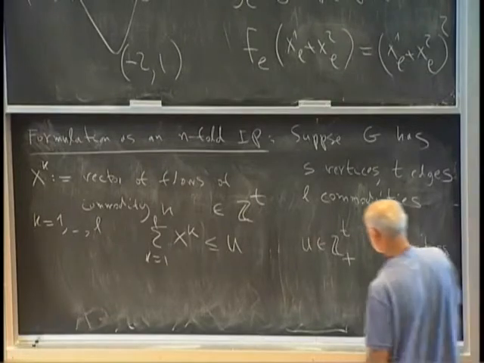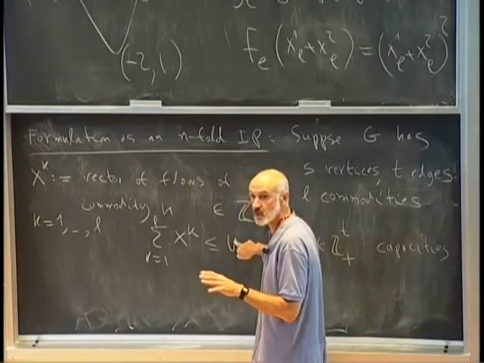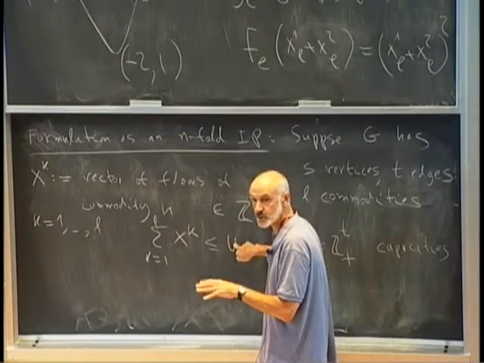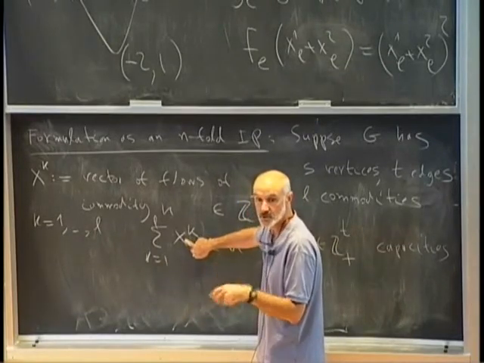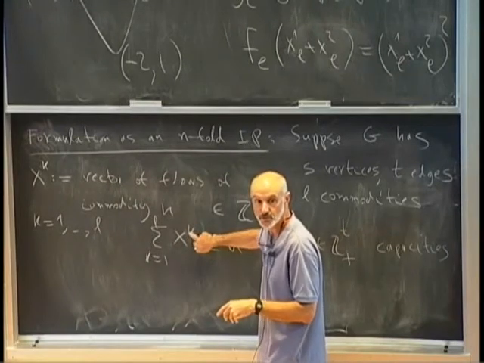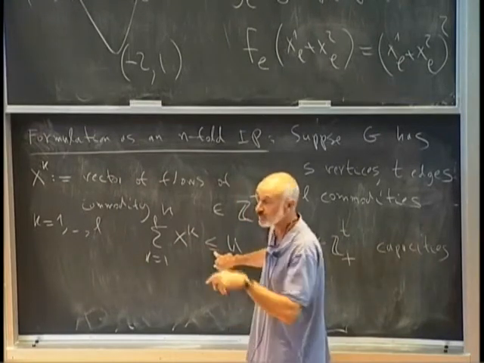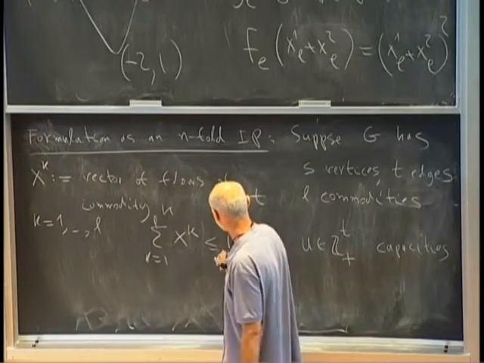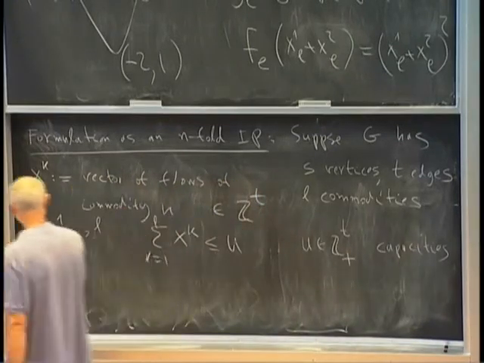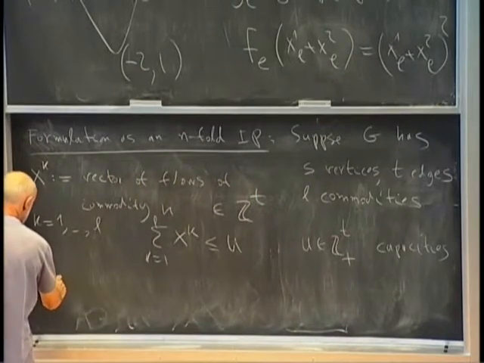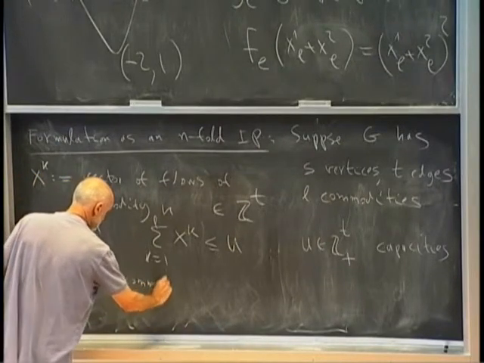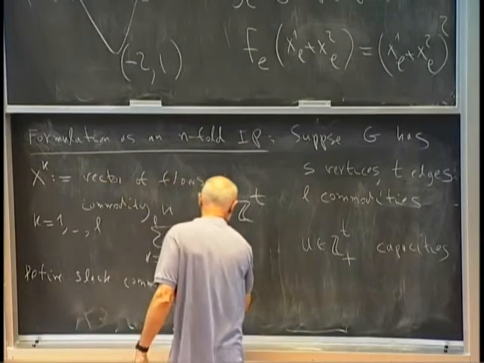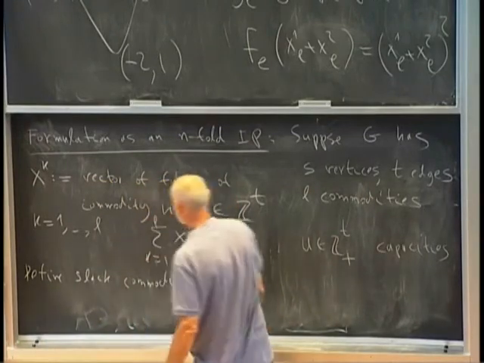Again, this is a vector in the edge space. All the vectors are now in the edge space. So u is a vector on the edges telling you the capacity of each edge, and each x_k is a vector telling you how much flow to send on each edge in each commodity. But I want equalities because our standard form has equalities. So I define a slack commodity, and let's call it x_0, so it's consistent with this notation.